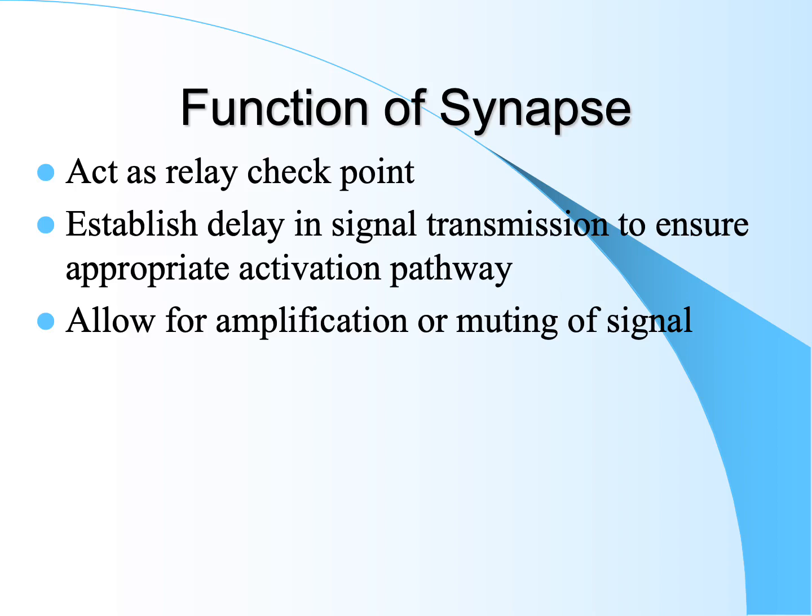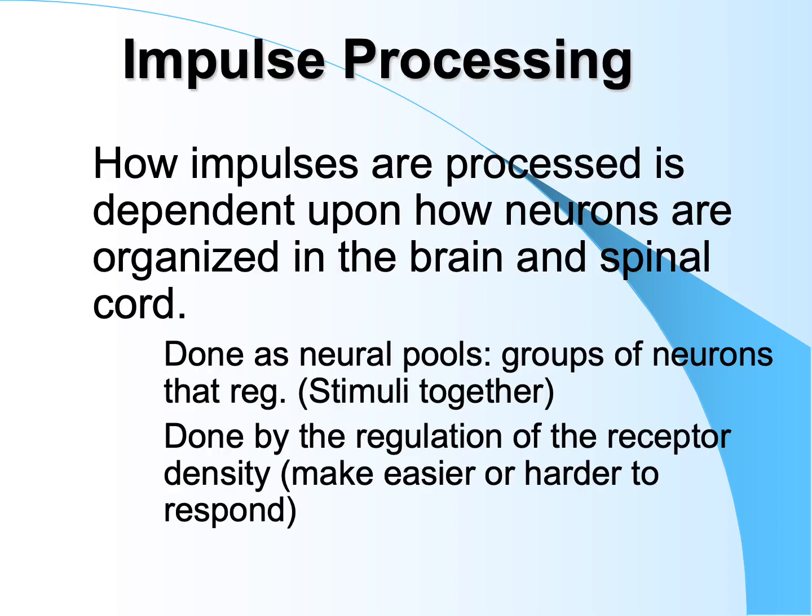In this, we have the impulse processing cells, where what we're doing is the convergent and divergent neurons within the neural networks are pooling all of the signals together, or we have neurons within the pathway that are regulating receptors based off of the need to be activated.